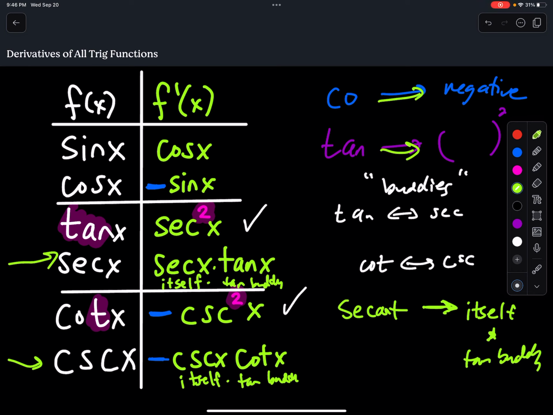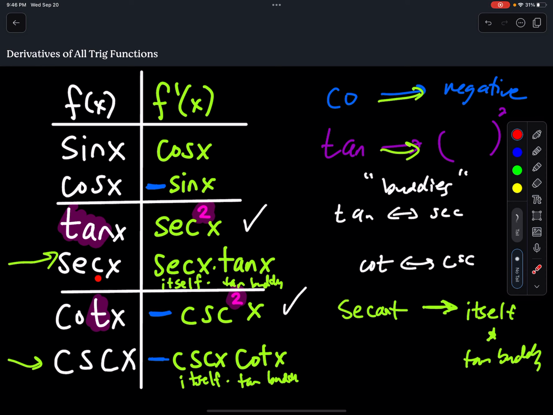So let's highlight the three ideas one more time. Anytime you take the derivative of a co, the result is a negative. Check. Anytime you take the derivative of anything with the word tan in it, the result has its secant buddy squared. Since it's a co for cotangent, you'll have a negative, and its secant buddy is cosecant, and it's squared.